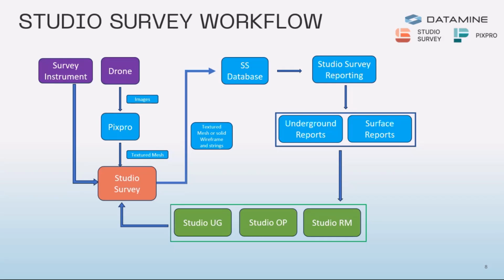From there, we get our textured mesh or wireframes or strings. They get stored into the Studio Survey database. And from there, the database stores all of our different data types in a structured manner, so the end user isn't actually managing that whole storage.